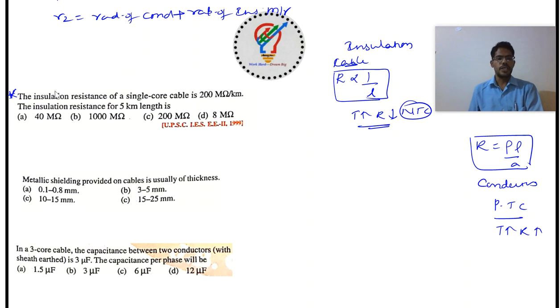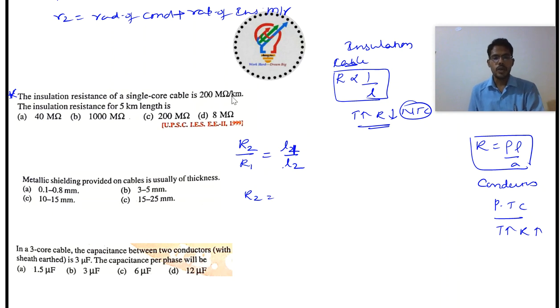Now, the question here is: the insulation resistance of a single core cable is 200 megaohms per kilometer. The insulation resistance for 5 kilometer length is? So R2 divided by R1 is equal to L1 divided by L2. Now R2 is equal to, what is the L1 value?